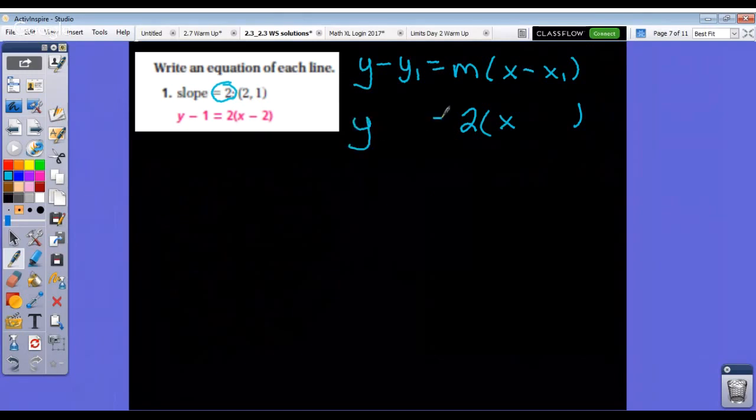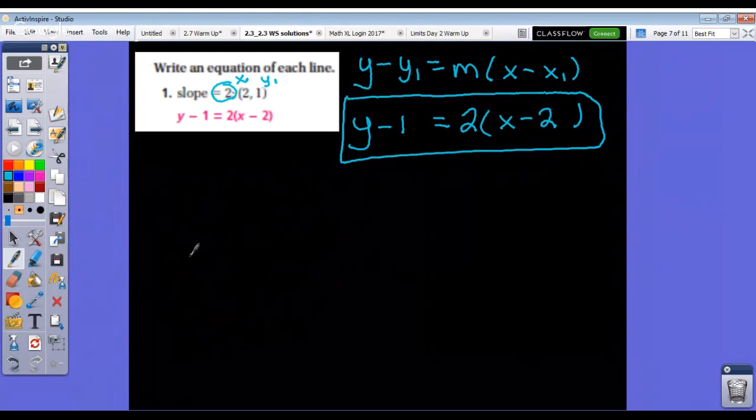So I'm going to have y something equals 2 times x something. And then they give us a point. I'm going to call 2 my x1, and I'm going to call 1 my y1. So I can now replace y1 with the number 1, and I can replace x1. I have now written the equation of a line in point-slope form, given the slope and given the point.